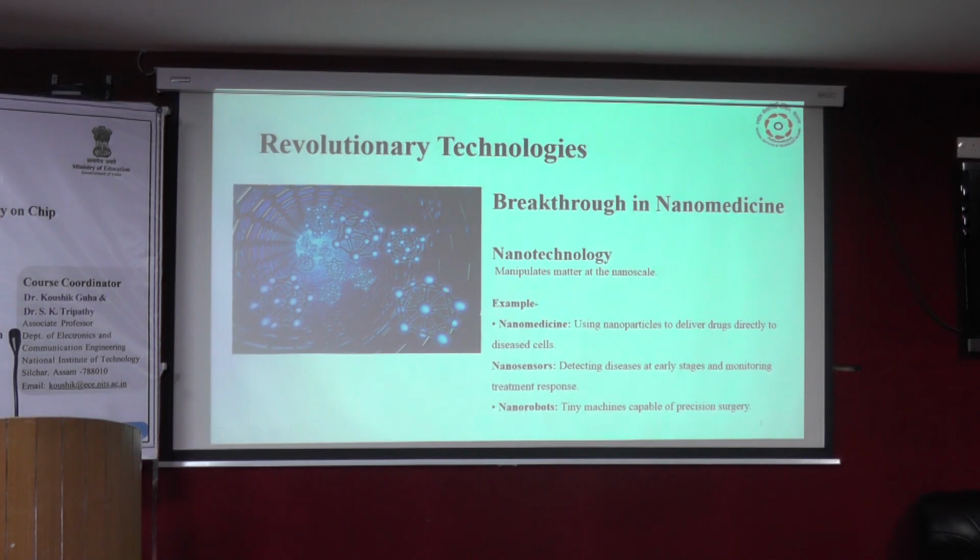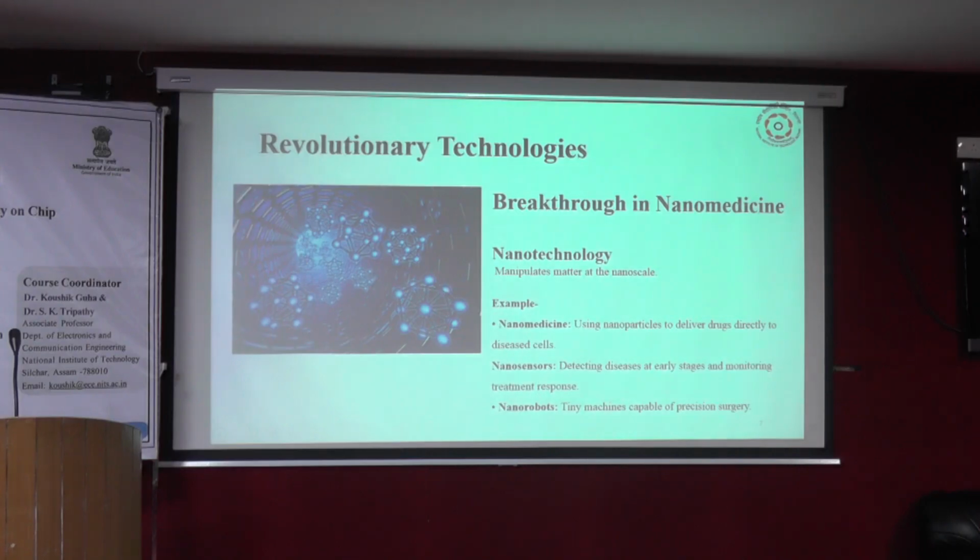Nanosensors detect diseases at early stages and monitor treatment response. Very tiny nanometer sensors are there nowadays. They can be invasive and non-invasive: you can insert them in your body, or otherwise you can wear them somewhere, and they will detect the diseases. Like nanobots, tiny machines capable of precision surgery.